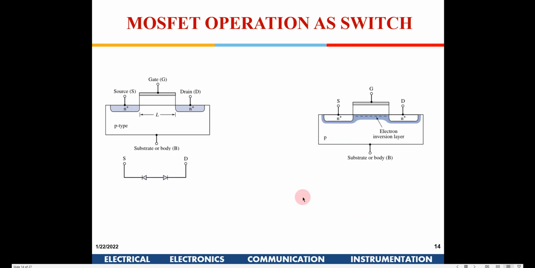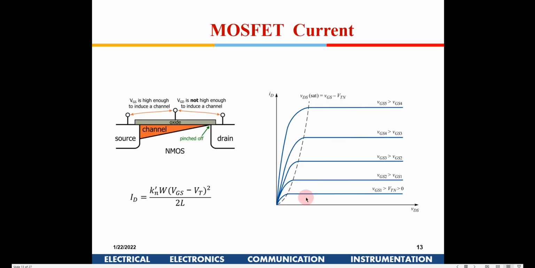Sir, what is the limit to which we can increase VGS? VGS is specified by the technology parameter. For a 180 nanometer technology, when I say it is 1.8 volt, then the maximum VGS we can give is 1.8 volt, and VDS also 1.8 volt. Although it may withstand more, for reliability reasons there will be spikes coming to the gate when switching happens, so the drain side voltages can also go beyond the rated values.